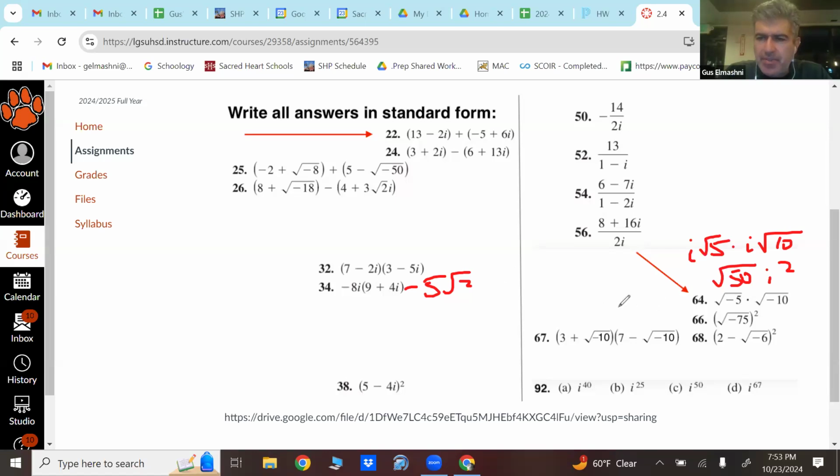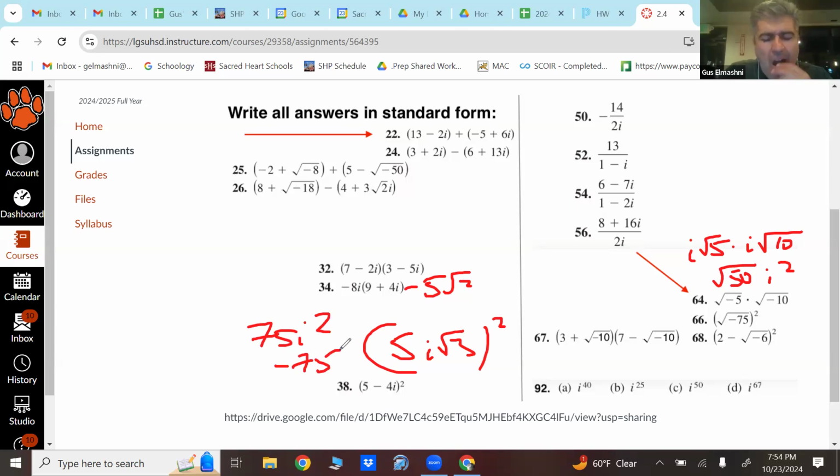For 66, you should get 75i squared. Doing -75.